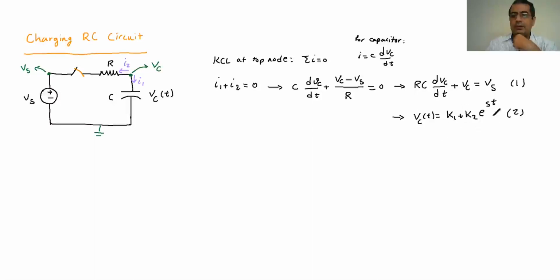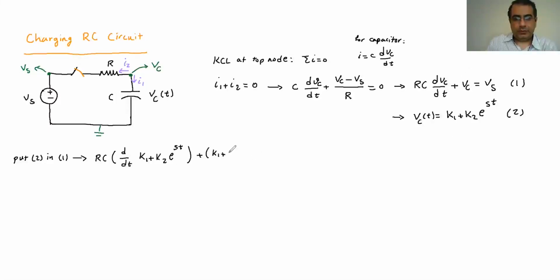If I substitute equation 2 in 1, what I'm going to get is RC times d over dt of (K1 plus K2 e to the power of st), plus (K1 plus K2 e to the power of st) is equal to Vs.